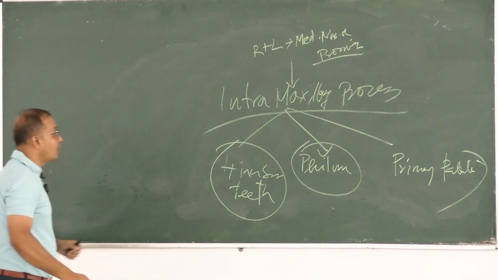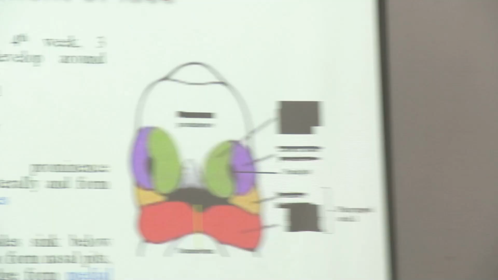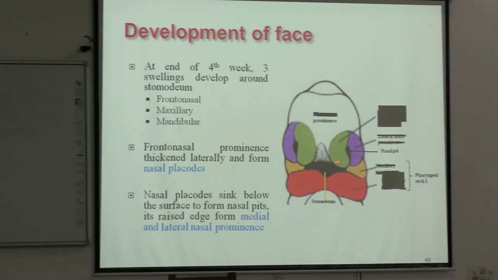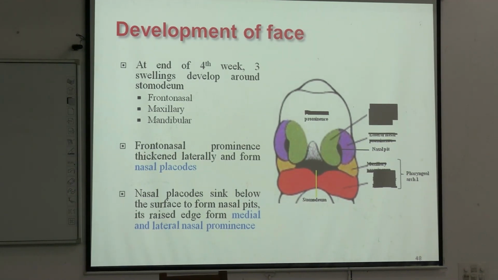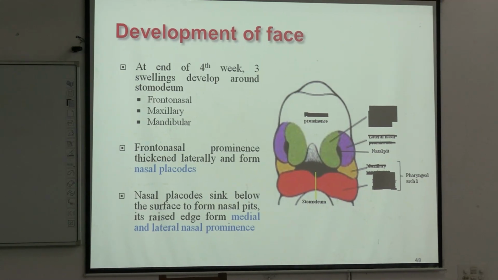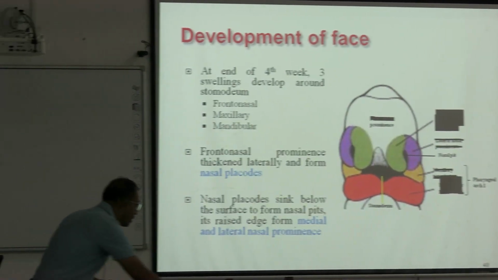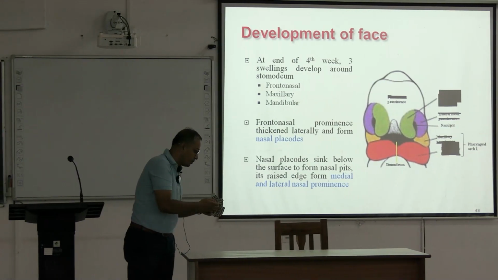If you have error in the movement of these right side and left side green bodies, we may have an error, as well as if we have error in the green body's association with other tissues, we have this problem. So we get this tissue at the union of these green bodies. We call it the intermaxillary process or prominence.